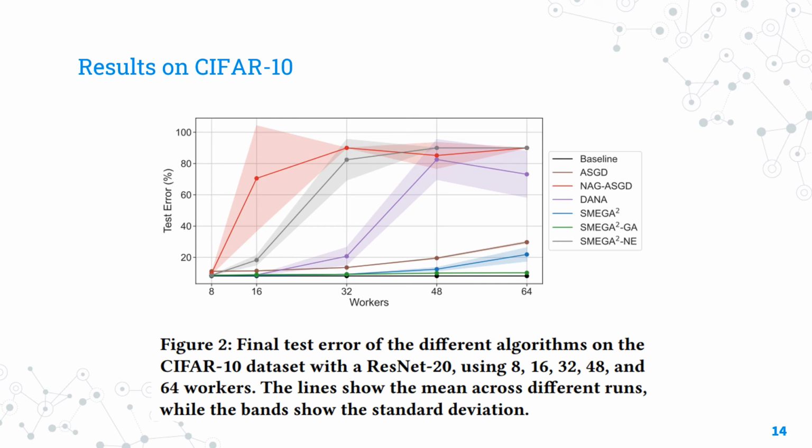SMEGA-NE is used as an ablation study and stands for without estimation. We can see that SMEGA-NE reaches a high test error on a relatively low number of workers. SMEGA achieves low test error even on 64 workers.